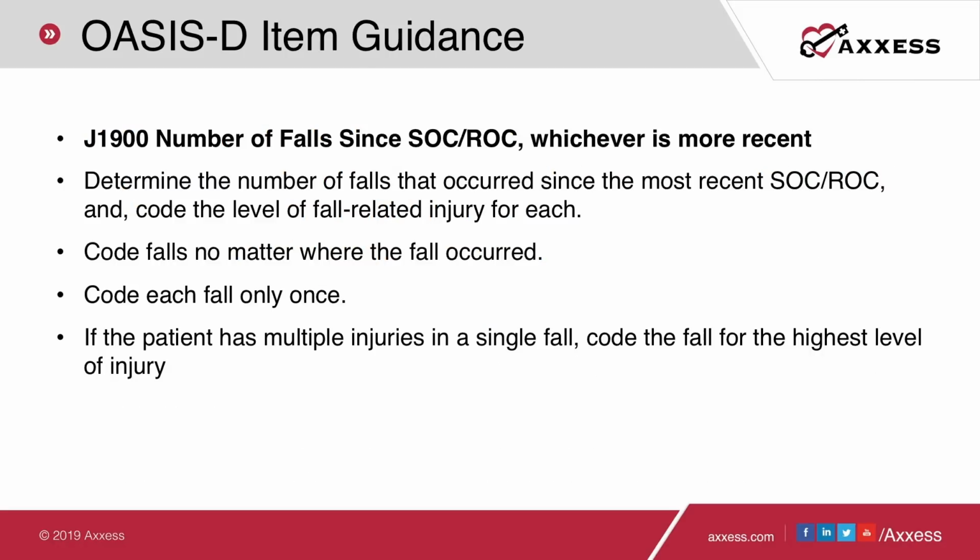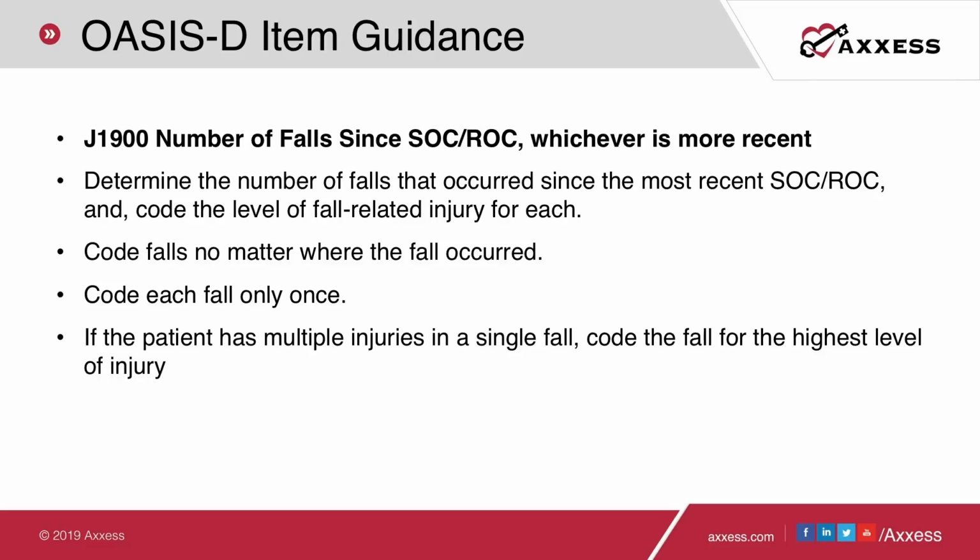We are to determine the number of falls that occurred since the most recent start of care or resumption of care, and then code the level of fall-related injury for each. Now, way back on session 1 and 2, we learned that there are different types of periods of review, different types of episodes. When they're telling you to look since the most recent start of care, resumption of care, they're not telling you to go back to the beginning of this episode.